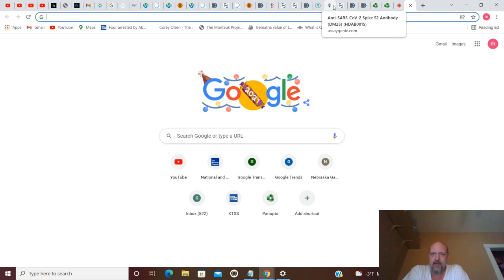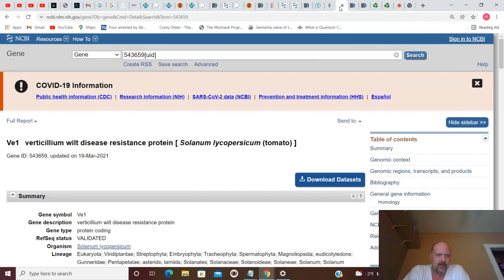I must have skipped the window I opened. But if you move on from that, you got VE1. And VE1 is a gene ID here. Gene symbol VE1, gene type protein coding. So you got another protein coding gene there.